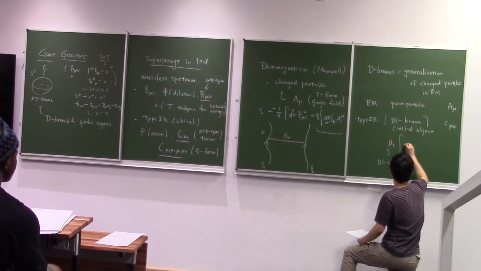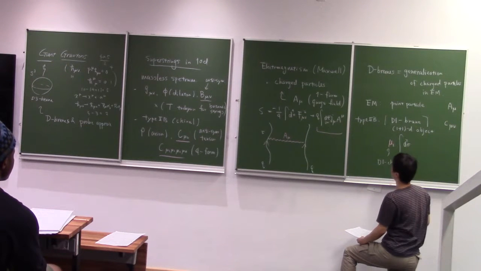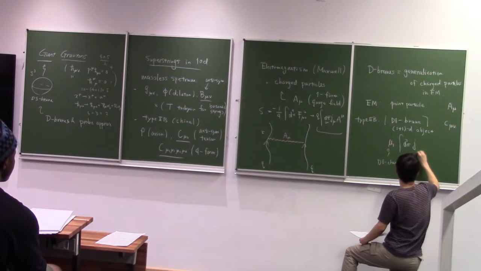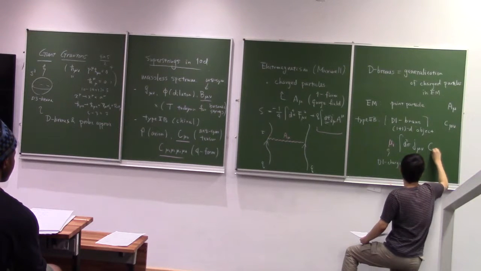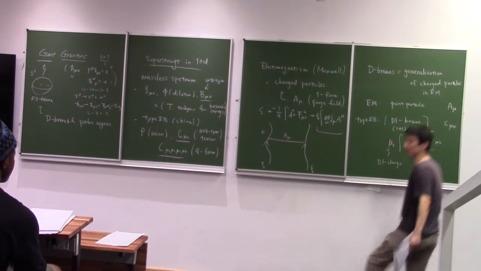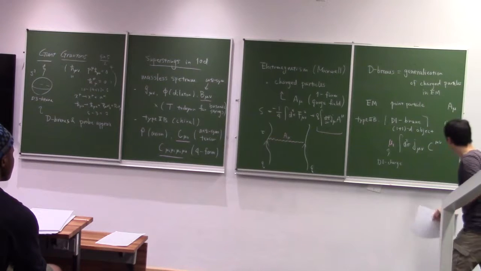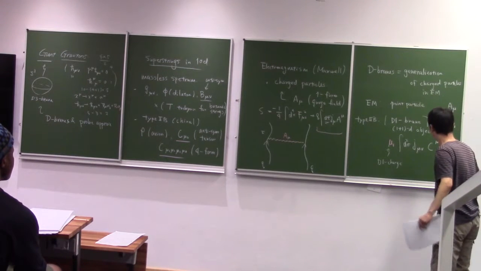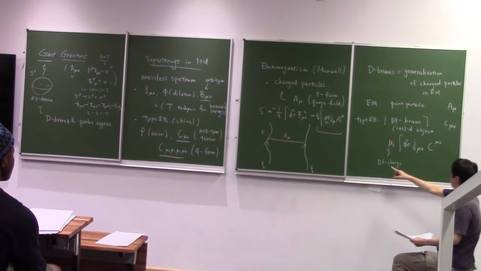Then you have a two-dimensional space, and you have a tensor current, and you have this coupling.